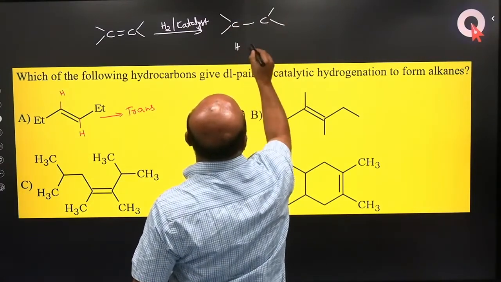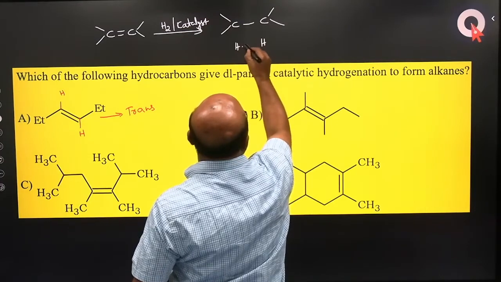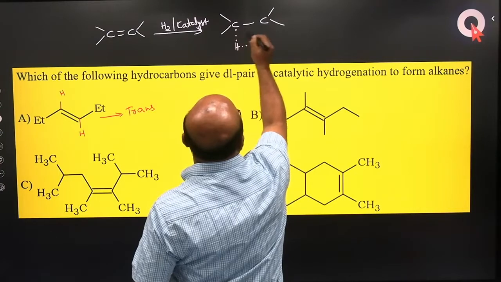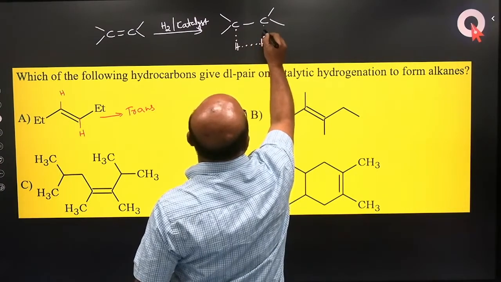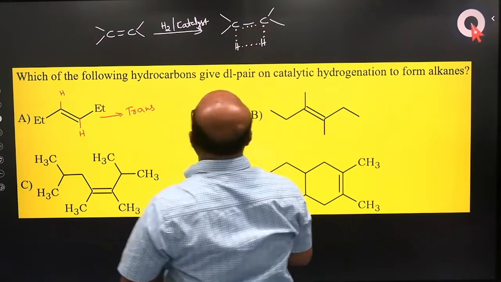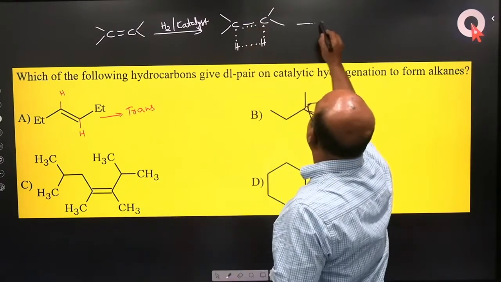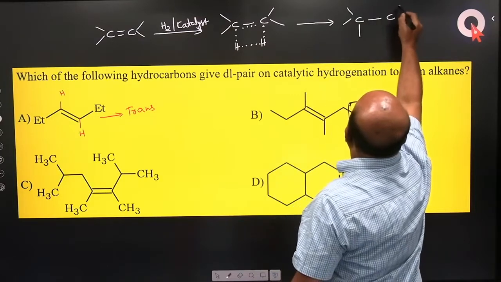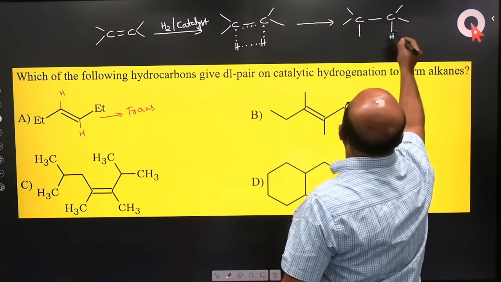So, the H and H bond is cleaving, this bond is forming, and this carbon bond is cleaving. So, what we see is that the addition of hydrogen takes place from the same side. We are getting hydrogens here.